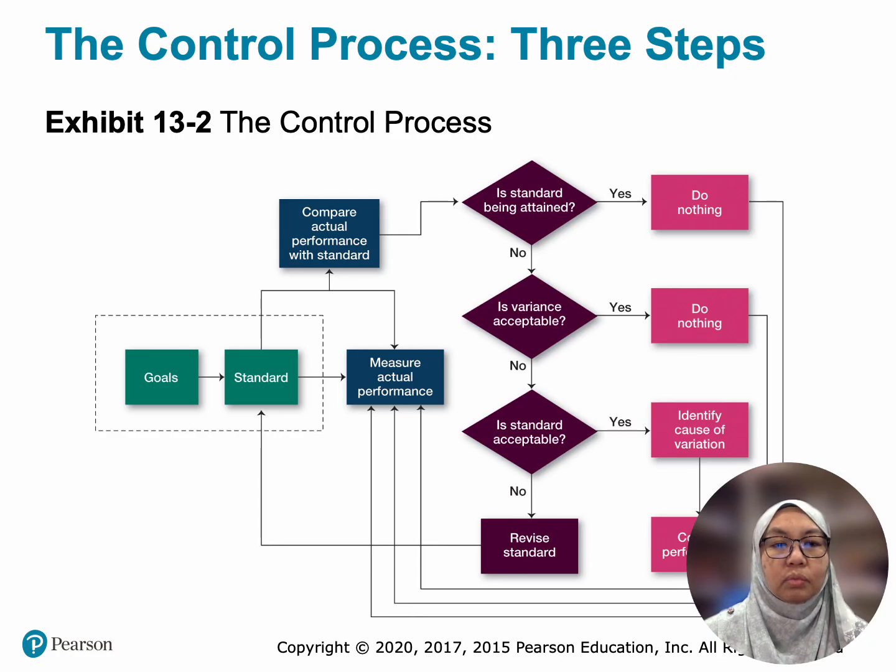Then at the end of the day, or at the end of the year, the actual performance is measured and compared to the standard that has been set. If there is a deviation, or performance is not the way the organization wants, this is the action that management should take.